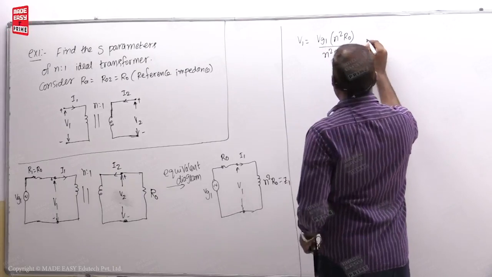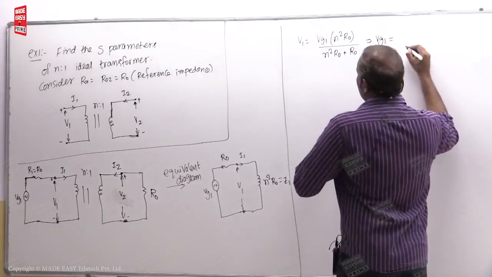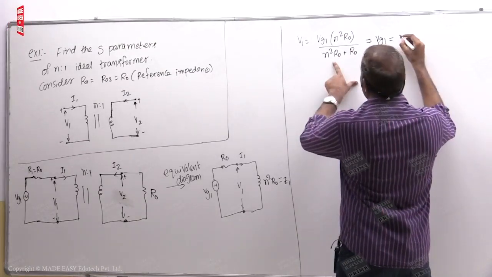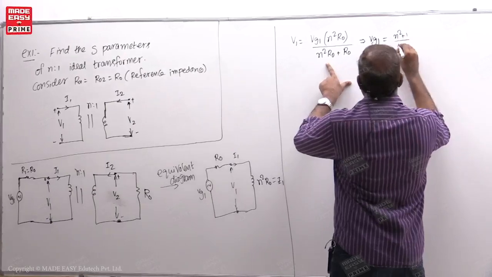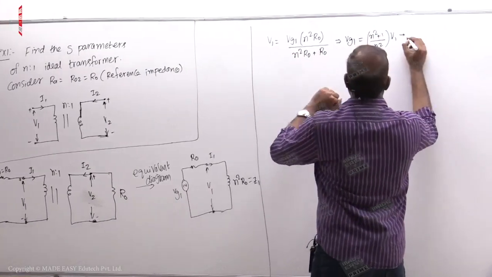You got this. So from this I will write VG1 is equal to (n square plus 1) by n square into V1. You got it, student. Let us say this is equation number 1.